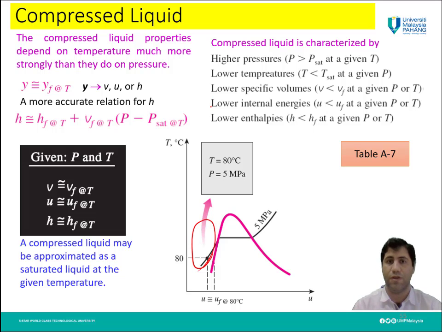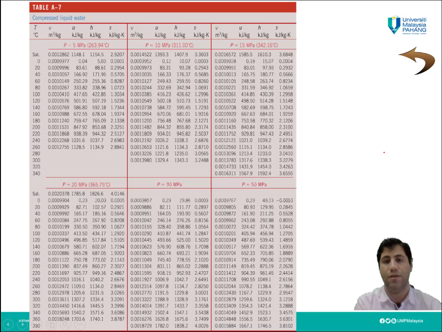Like the previous states, superheated or saturated, we have another table, A7. As you can see here, this table has compressed liquid properties.